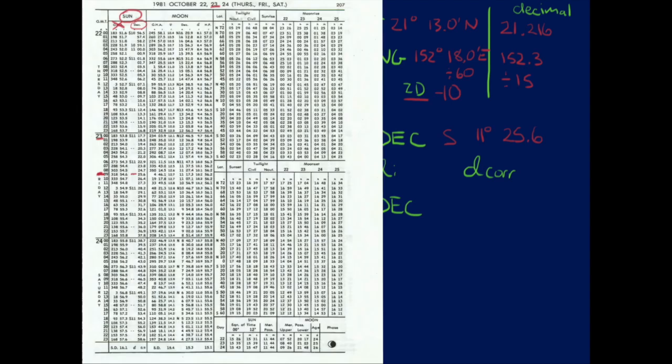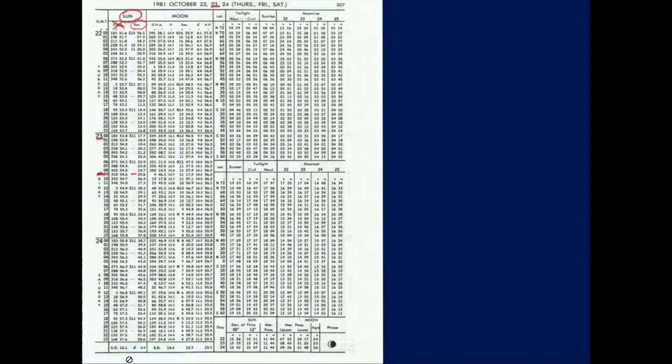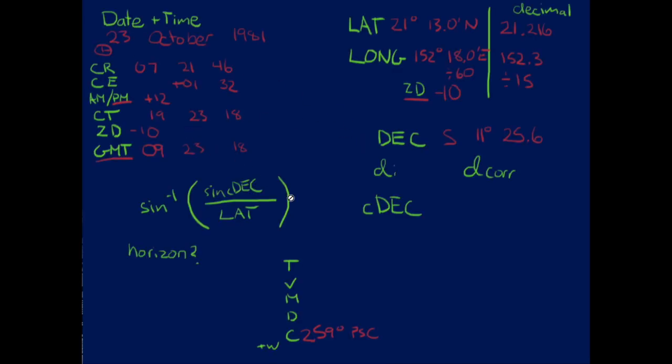Now here's an important one. Go down to the very bottom here. Look at the very bottom. You see this D? We need that. That is what we look up in the very back to get what the actual declination is. Our D, right there, 0.9.